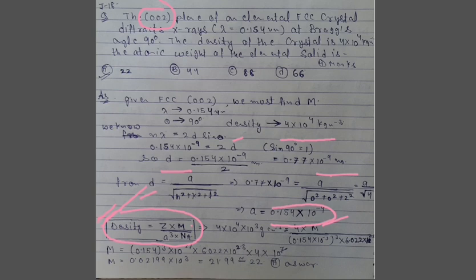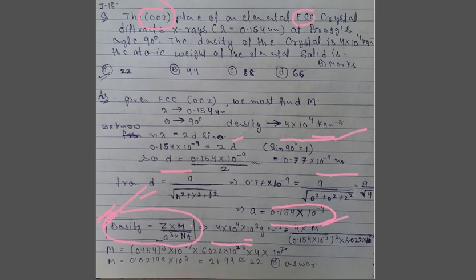So put all the values in your formula of density, that is 4 into 10 power 4 into 10 power 3 gram per centimeter cube, the given density. Why do we use 10 power 3? Because it converts into gram, and you gave density in kilogram, so we multiply by 10 power 3. Okay, and 4 is the value of Z in FCC crystal, you know all that.